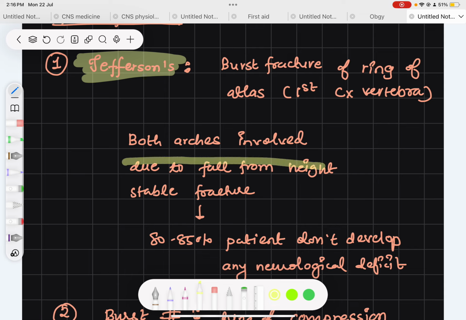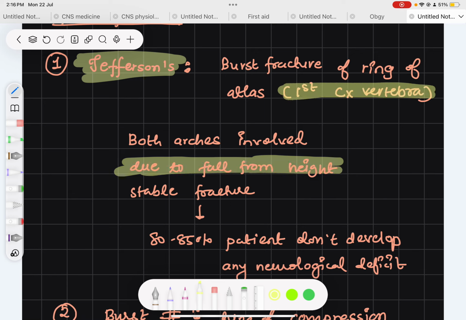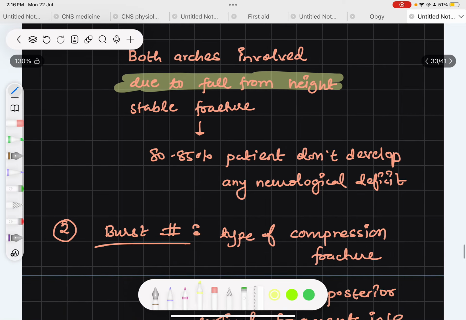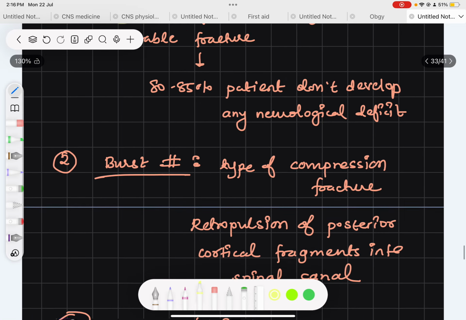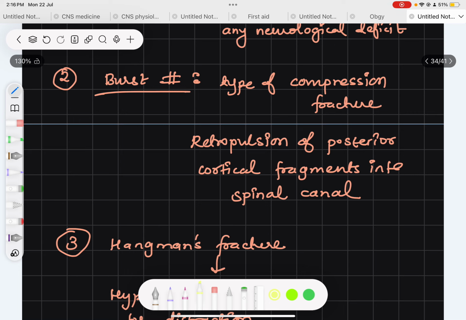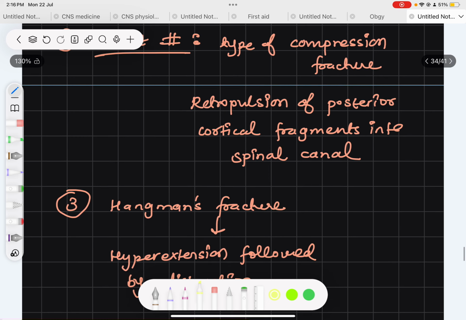And which vertebra is involved? The C1 vertebra will be involved and both arches will be involved. It is a stable fracture. 80 to 85% of patients don't develop any neurological deficit. Now burst fracture, a type of compression fracture, has retropulsion of posterior cortical fragment into the spinal canal.